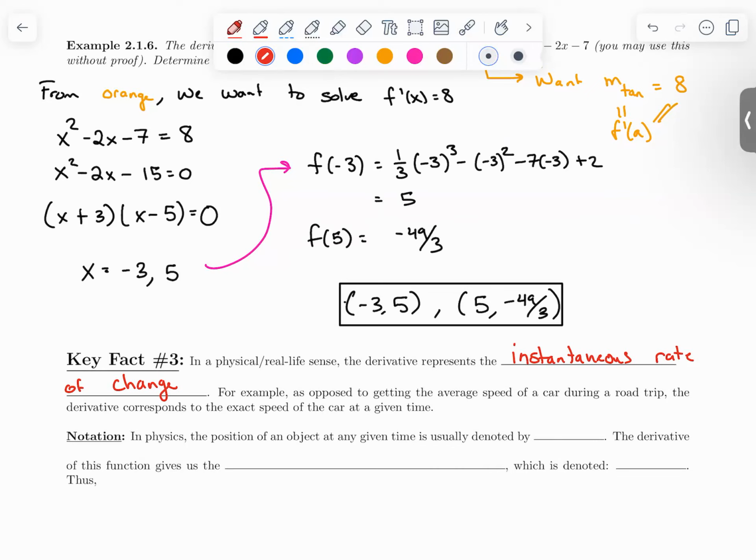That's how your odometer kind of works. There's a little bit of math going on in the background. And so this becomes especially useful in many fields, most importantly physics, because physics is just applied mathematics. In that context, the position of an object, whether it be a particle or a car or whatever it is, is denoted by s of t.